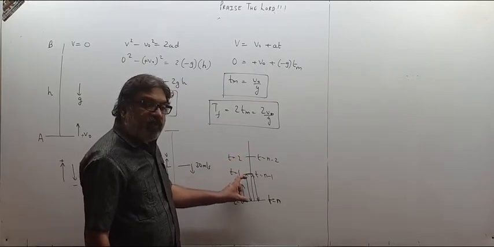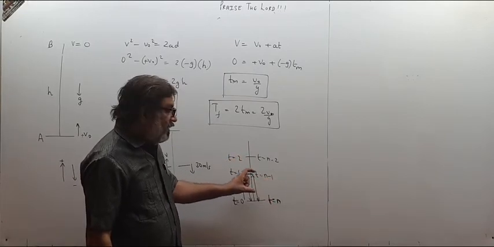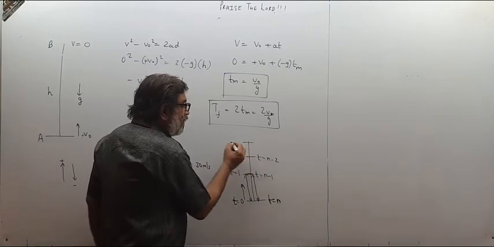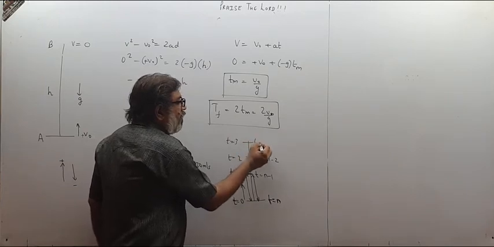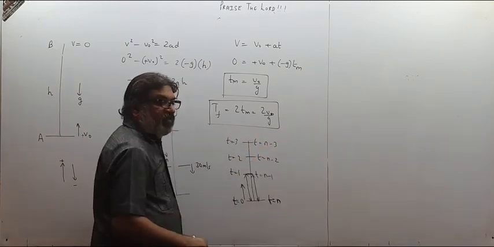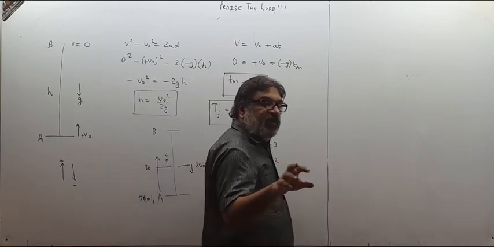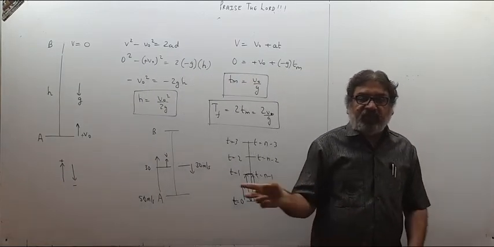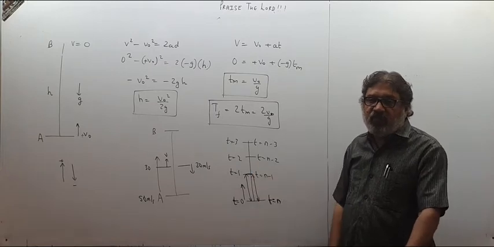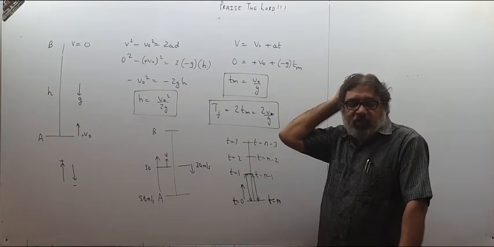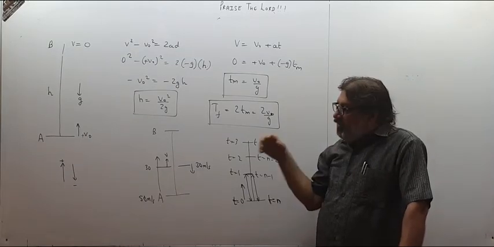So distance of first and distance of last will be equal. Distance of second and distance of second last will be equal. Distance of third and distance of third last will be equal. Like these small things you remember. They will be very helpful to you.